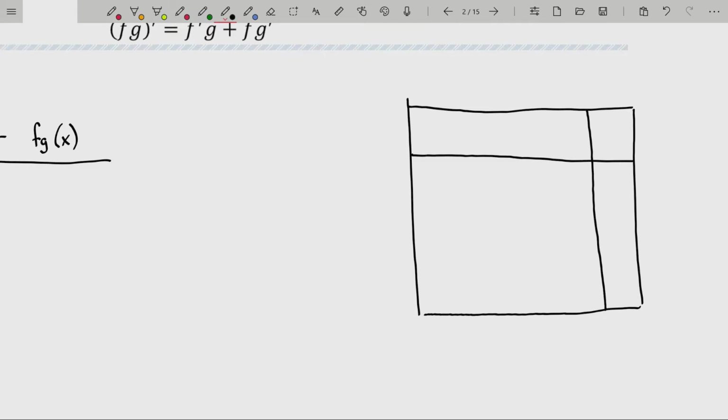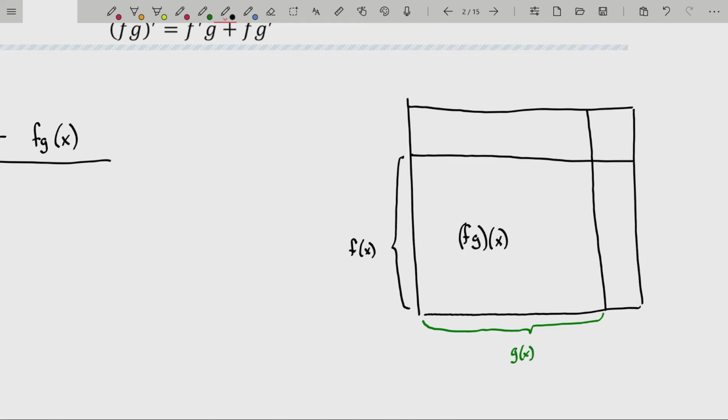So let's suppose that this side length from here to here is the value of f at x, whatever that may be. So I'll just say f at x. And the other value, I'll use green for that, this guy right here, we'll call the value of g evaluated at x. Therefore, it should be somewhat obvious that the area of that square is just the product of f and g evaluated at x.